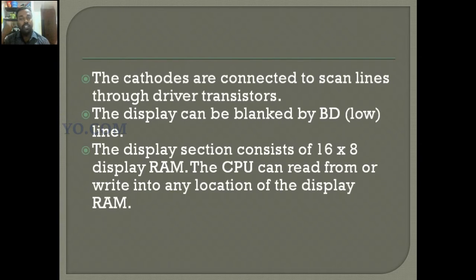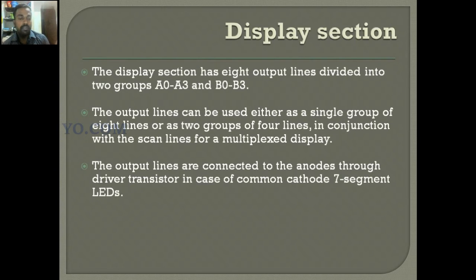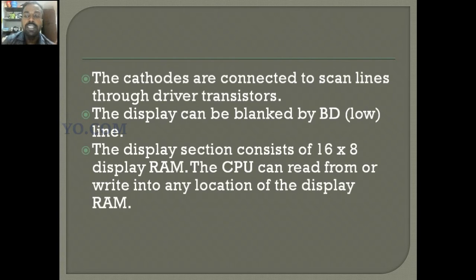Then the cathodes are connected to the scan lines through driver transistors. The display can be blanked by the BD line, that is active low, BD bar.